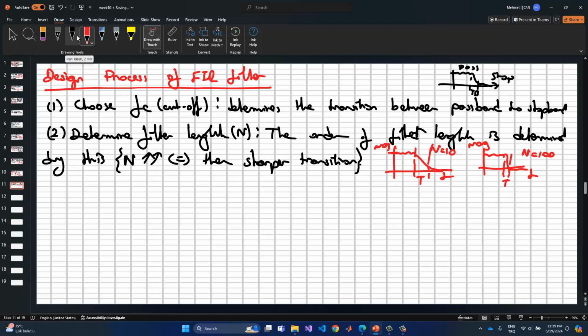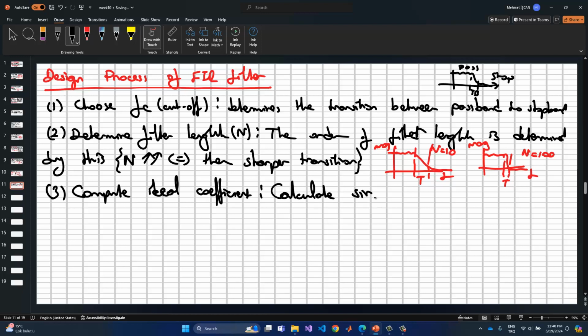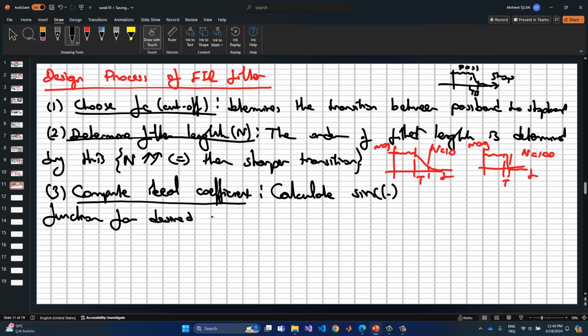Okay, and also we need to compute the ideal coefficients, and so in order to do that we need to calculate the sinc function for the desired filter length.